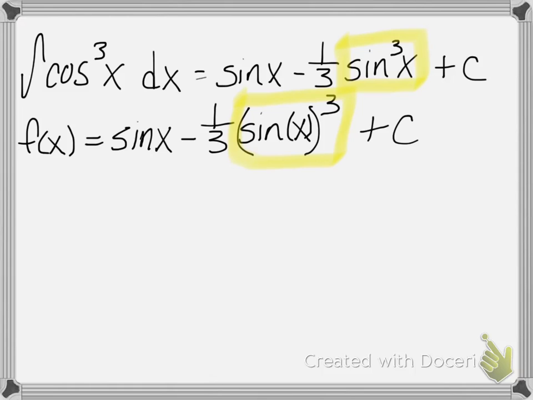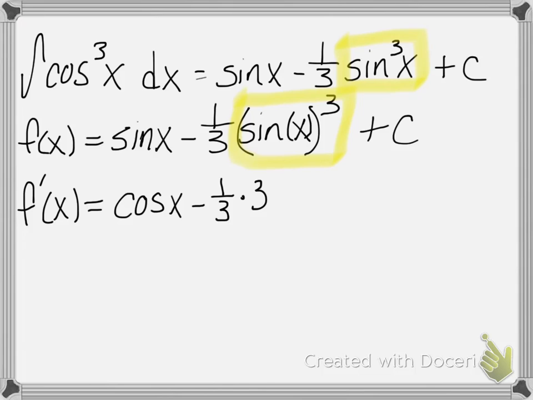Alright, so whenever we take the derivative, we're going to have f prime of x is equal to the derivative of sine x, which is just cosine x, minus 1/3, that whole part, 1/3 sine cubed x. Since 1/3 is a constant, we keep the constant, and that's going to be times, we bring the power down, and in this case we're cubing it, so it's going to be times 3.